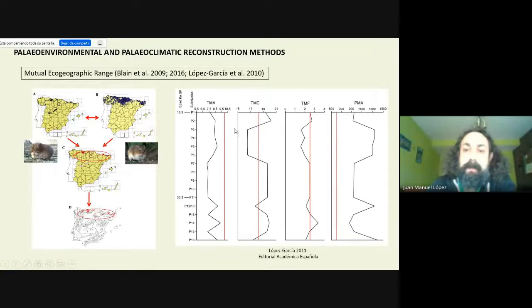For example, we can see here that the values are lower than current ones. I don't remember exactly, but I think that it coincides more or less with Henry 7.3, which is a cold peak in marine isotopic stage 3.